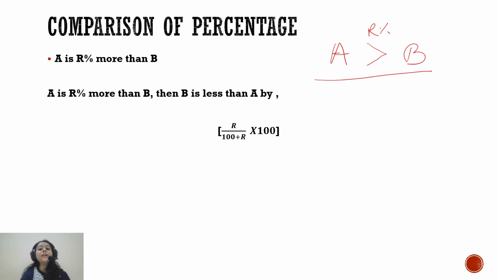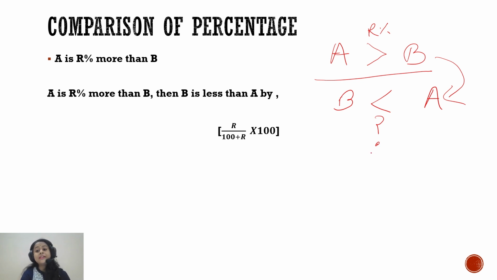It is greater by R%. Now if I want to know the reverse, that A is greater than B means B is less than A, right? Is it clear? That A is greater than B means B is less than A. So B is less than A by how many percent?